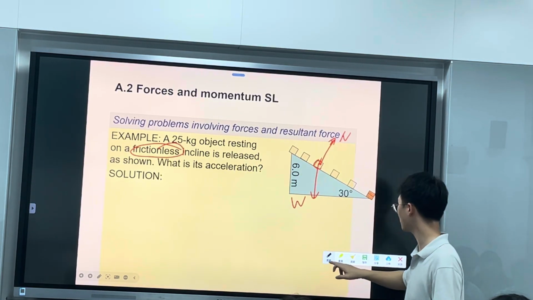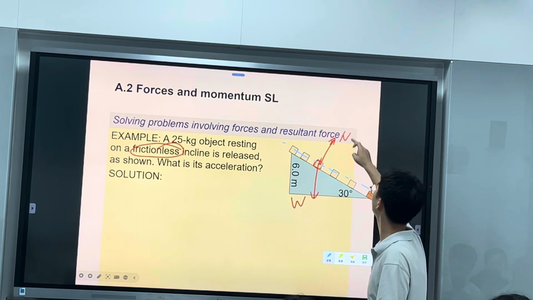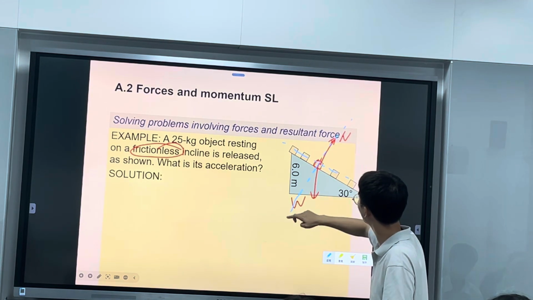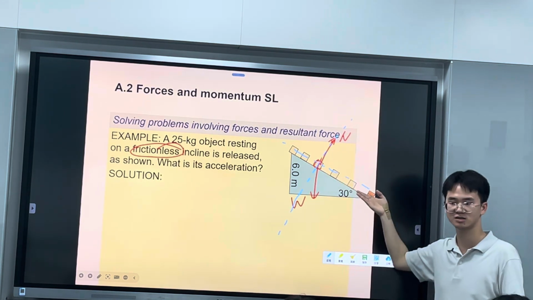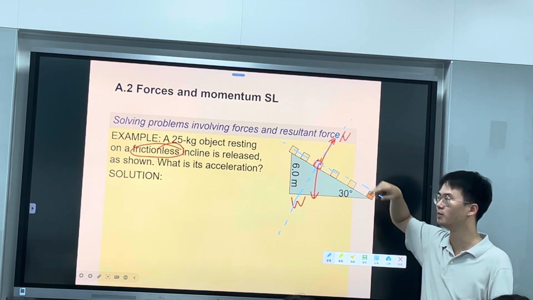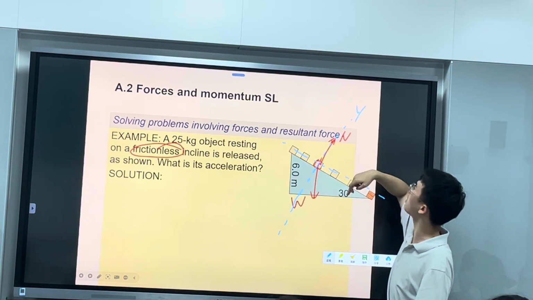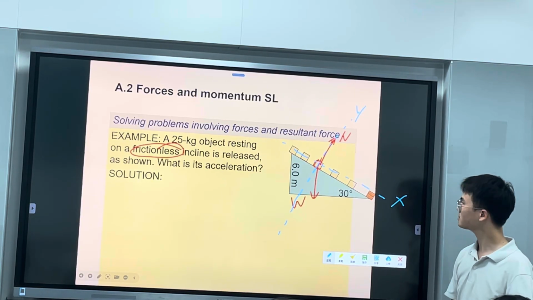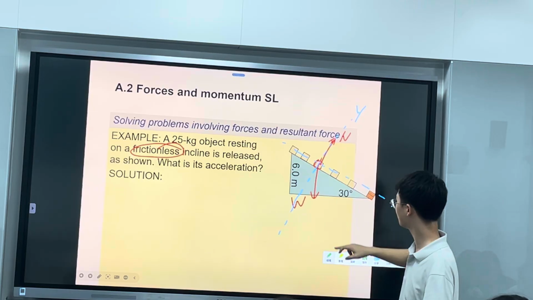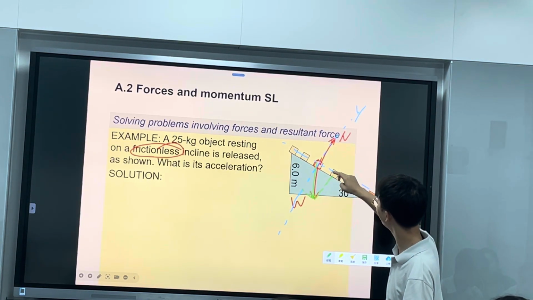And then what you can do is decompose gravity. How do we decompose? We draw coordinates which are parallel to the slope and perpendicular to the slope, okay? Then the normal force falls onto our y-axis, and we can decompose the weight into its y component and x component.